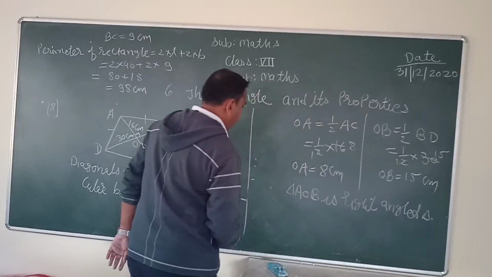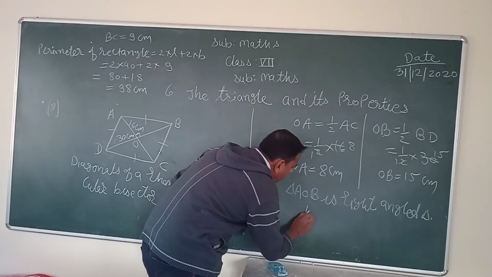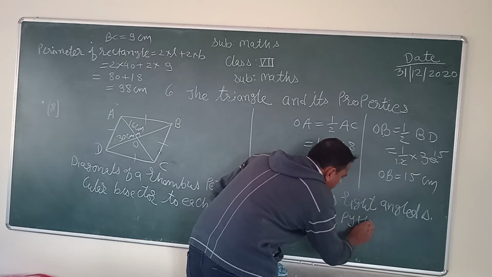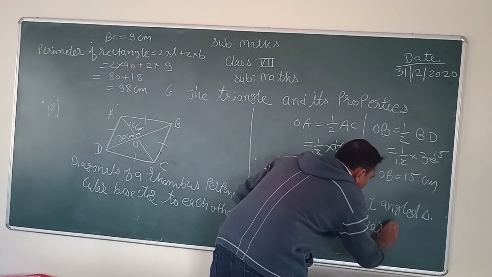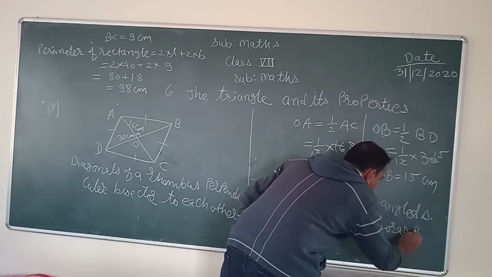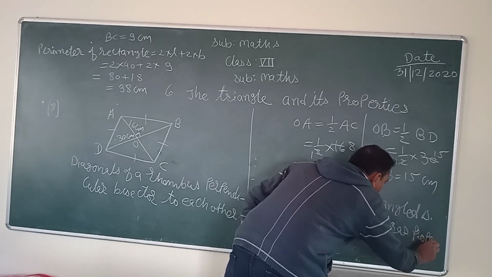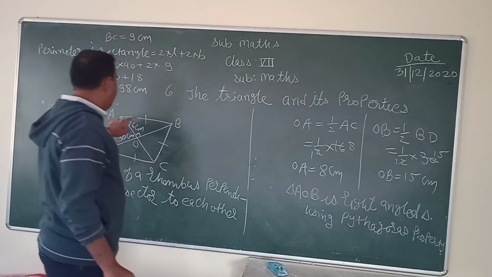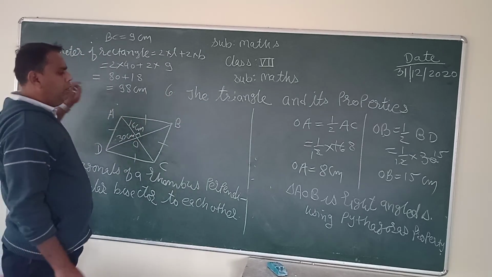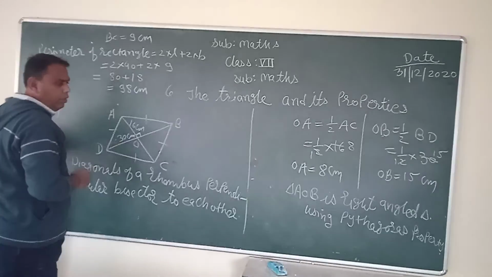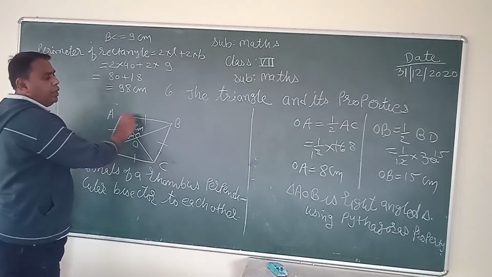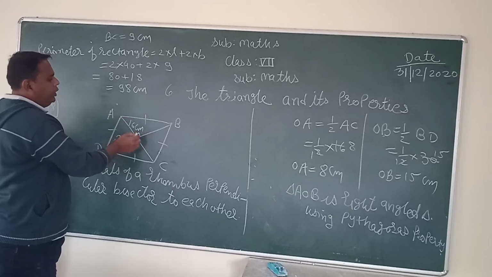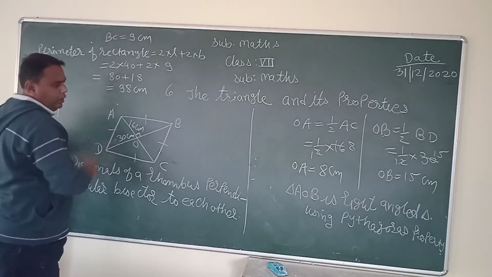triangle. We use here Pythagoras property. Using Pythagoras property, here hypotenuse is, जिस तरह से हमने इस ट्रायंगल को लेना है, AOB ट्रायंगल को हम ले रहे हैं, तो यहाँ hypotenuse हो जाएंगे हमारे लिए AB, because this side is opposite to the right angle. इस right angle के opposite side से.